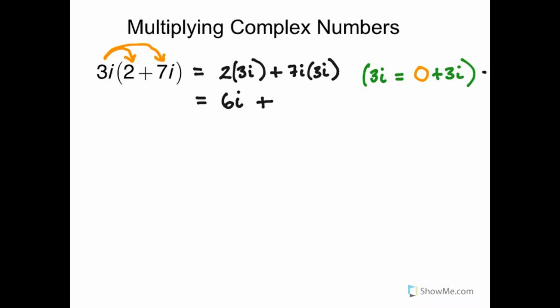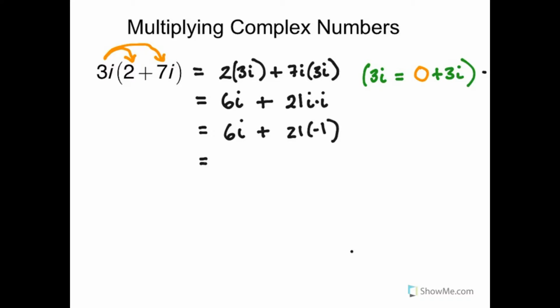And 7i times 3i is 7 times 3, 21, and i times i, which is going to be negative 1. 6i plus 21 times negative 1, or negative 21.